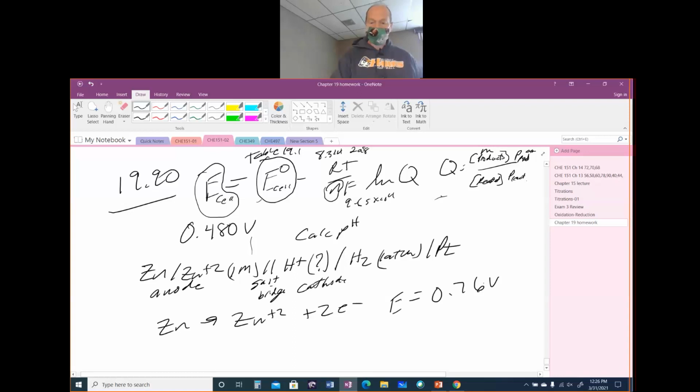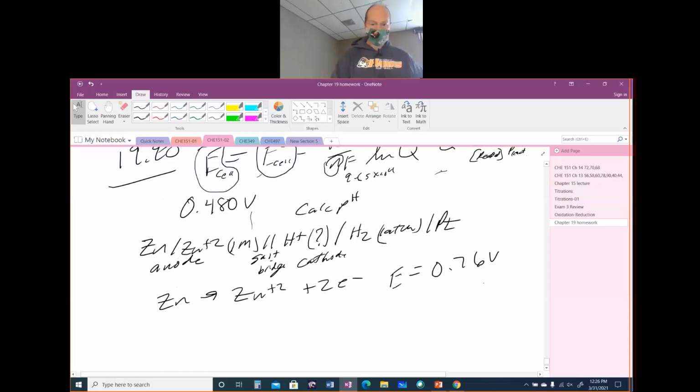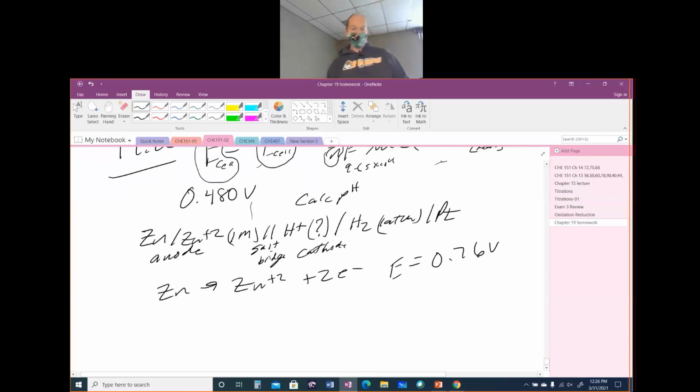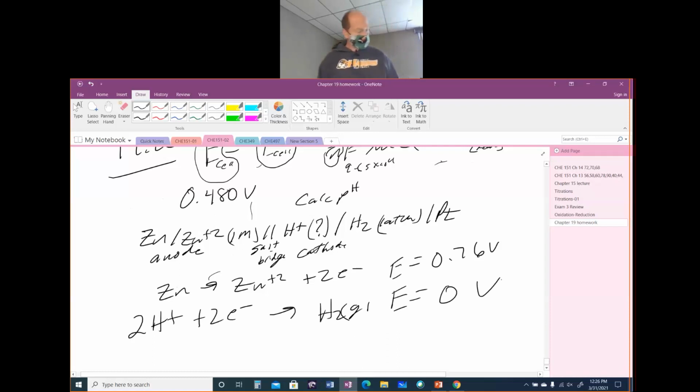All right, so then your other one is the standard hydrogen electrode, where you have 2 H plus and 2 electrons going to H2 gas, and your E value for that is 0 volts. Your standard hydrogen electrode is 0. So on table 19.1, the reduction of zinc is negative 0.76.